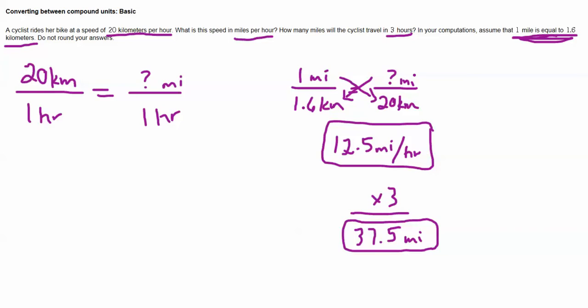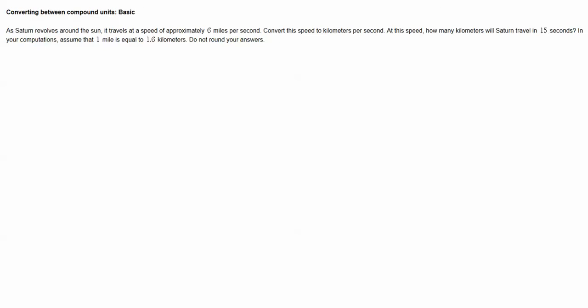Okay, let's try a second problem. Again, we're going to set up our original information to kind of get our bearings, understand what is being asked of us and how to solve, and then we'll actually set up a proportion to solve their original question. It says, as Saturn revolves around the sun, it travels at a speed of approximately 6 miles per second. 6 miles per 1 second.